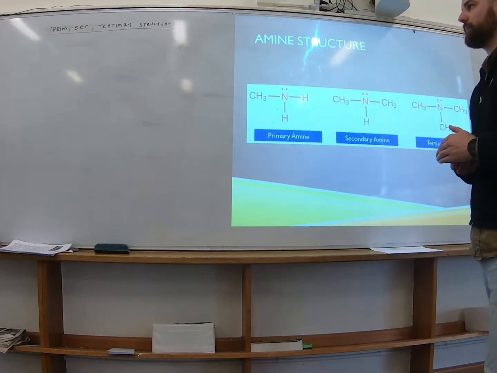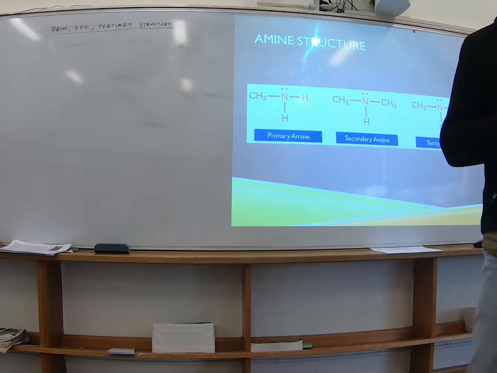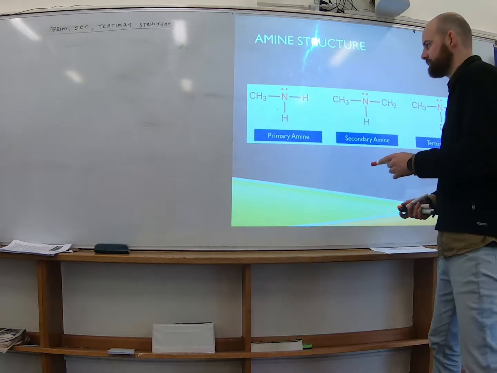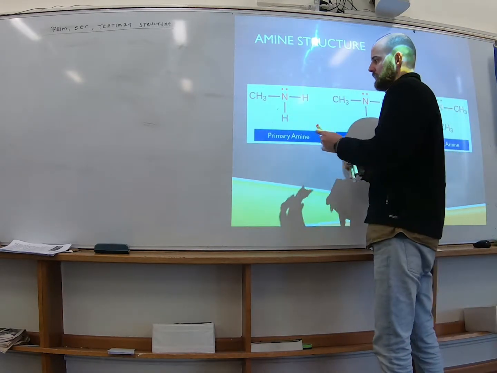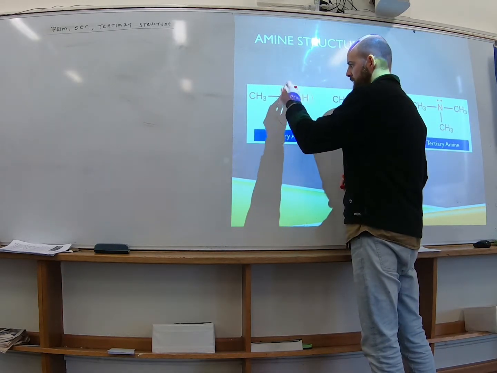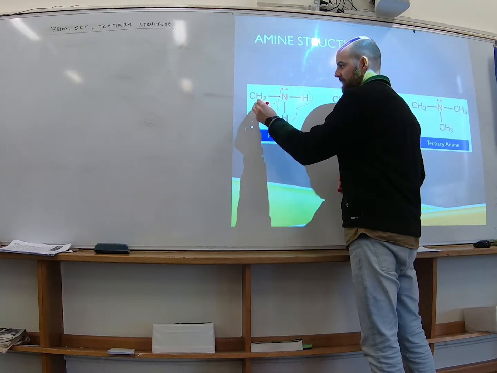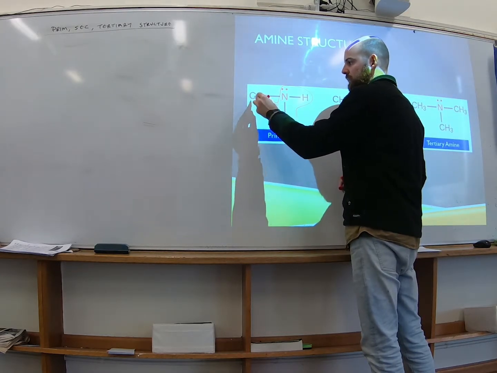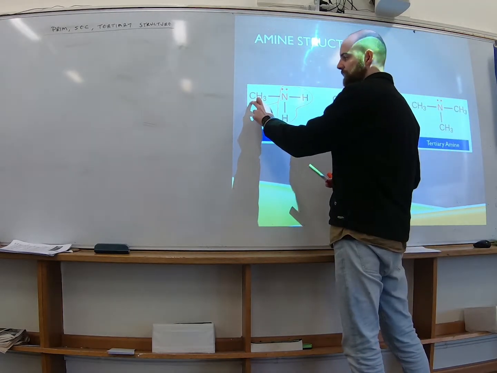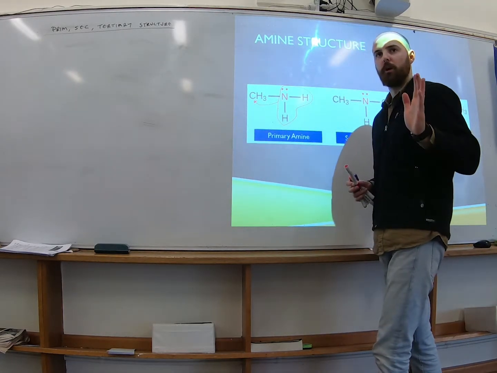Okay, quickly, primary, secondary and tertiary structure of amines, same as primary, secondary, tertiary structure of alcohols. This is our amine group here. In a primary amine, it's attached to one carbon. This carbon is attached to no other carbons.